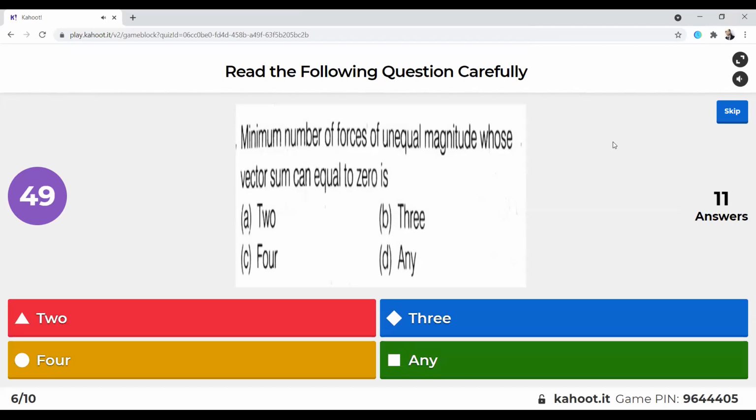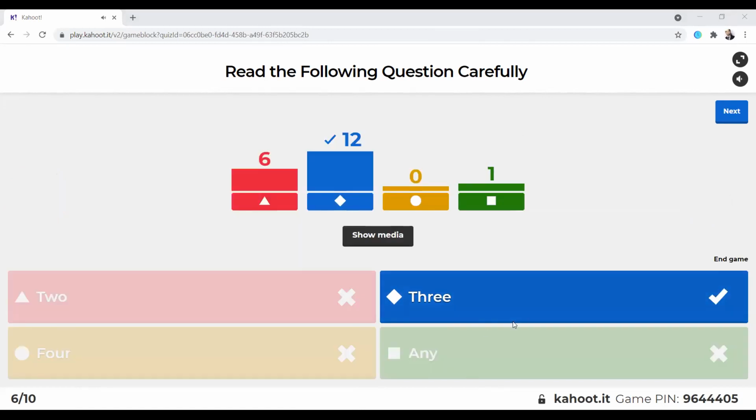You have to find minimum number of forces. So last 7 seconds, last 4 seconds. Minimum should be 3.